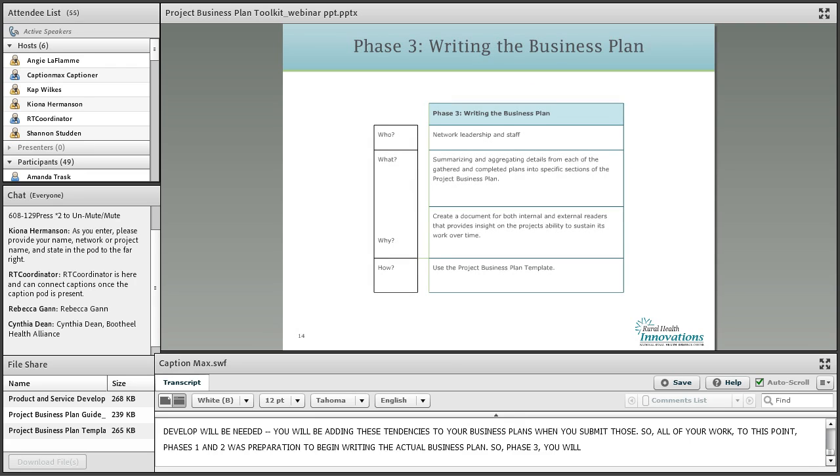So you may want to be sure to schedule enough time for some in-depth and structured conversations around these. Also keep in mind that each product and service development canvas that you develop will be added as appendices to your business plans when you submit those.